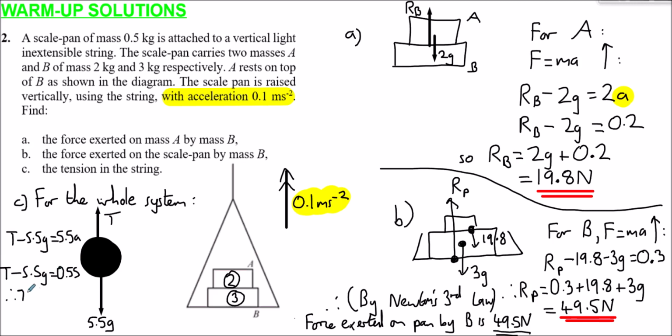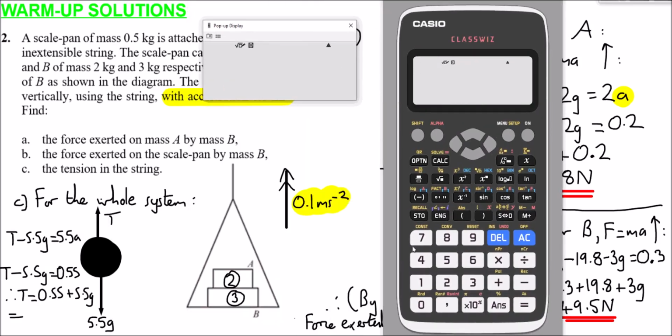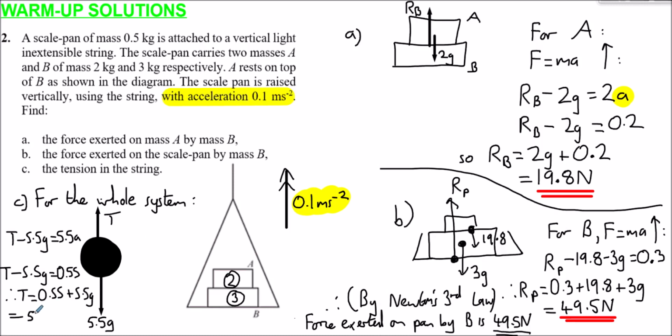So therefore T is 0.55 plus 5.5g. Let's see what this gives us: 0.55 plus 5.5 lots of 9.8. That gives us 54.45 newtons. And that's the warm-up concluded.